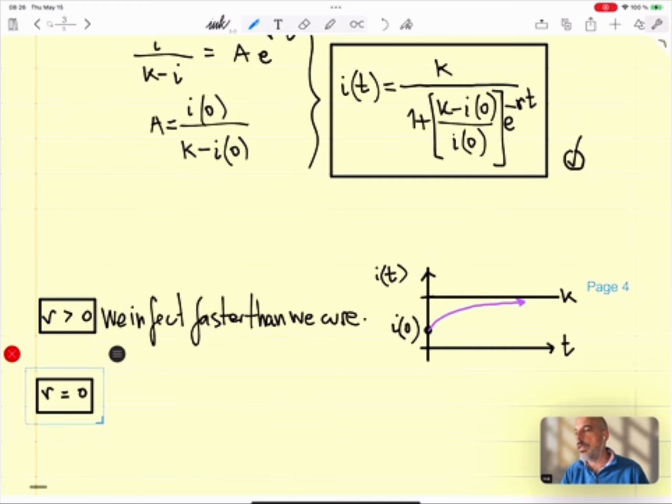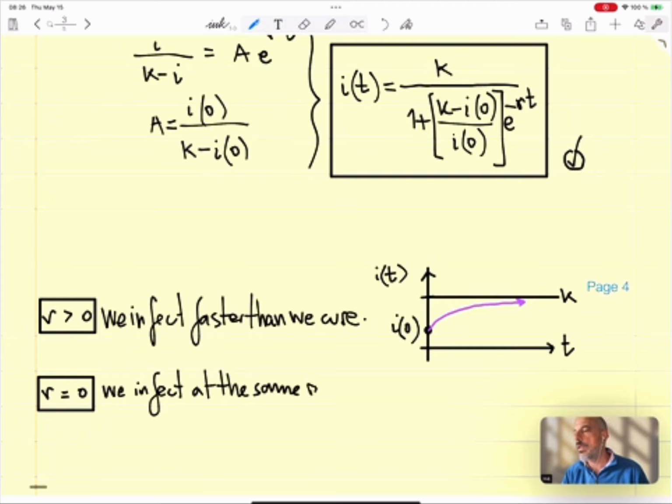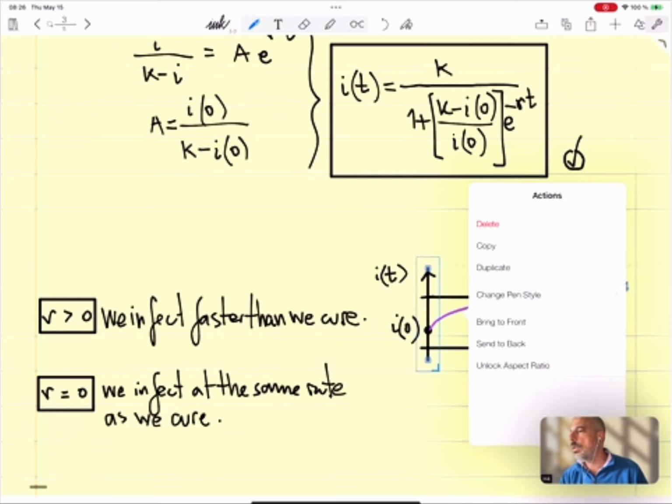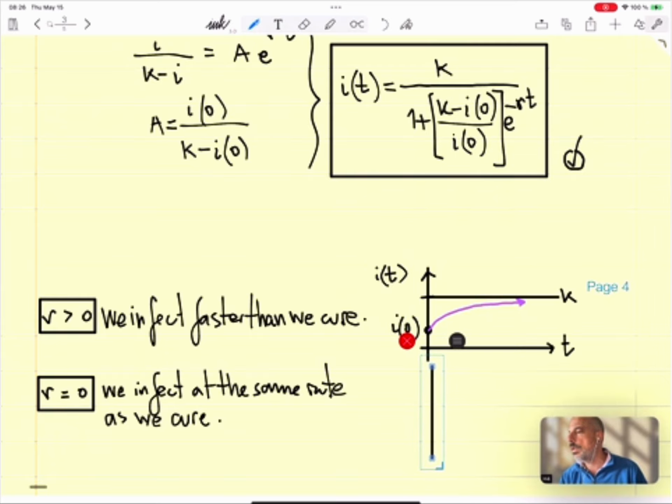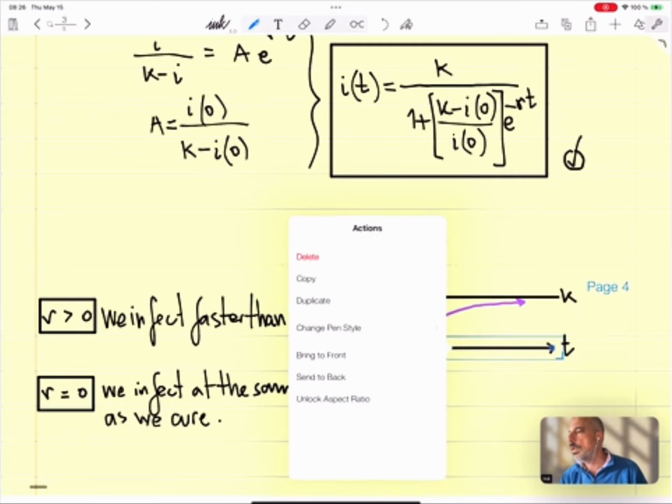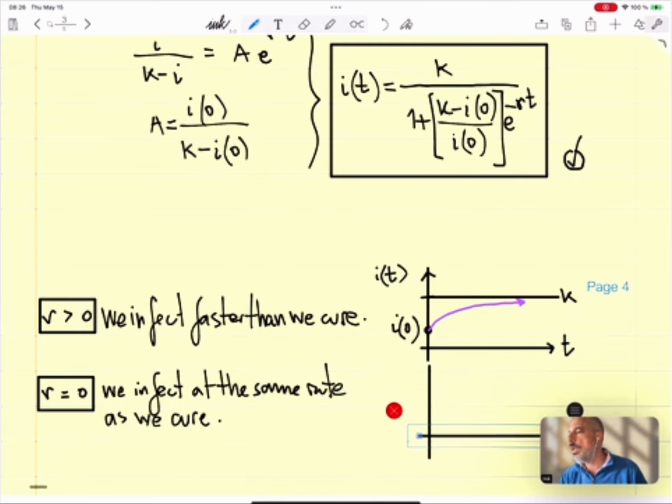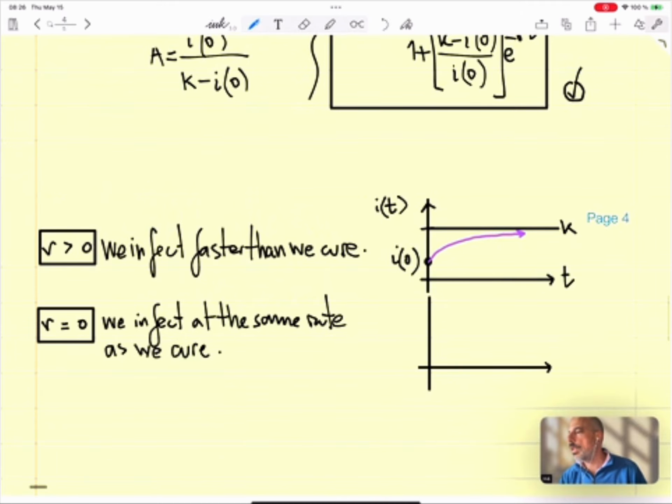If r equals 0, we infect at the same rate as we cure, and as a result our system is again having a constant value.